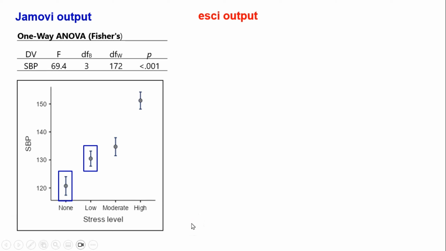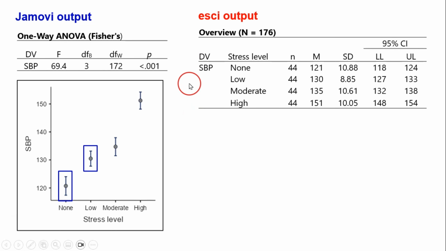So here's the ESCI output, and here we just have our nice little descriptive table from the results. We have our dependent variable of systolic blood pressure and a total N of 176 with 44 in each group. There's our stress level, none, low, moderate, and high. We're giving our mean, there's our mean systolic blood pressure, the standard deviation, and the confidence interval for each group. So it's a nice table.